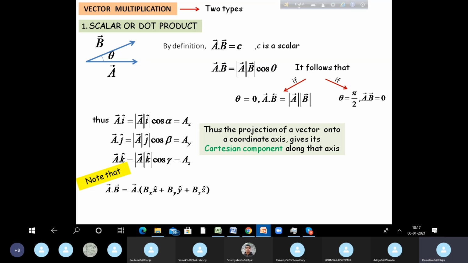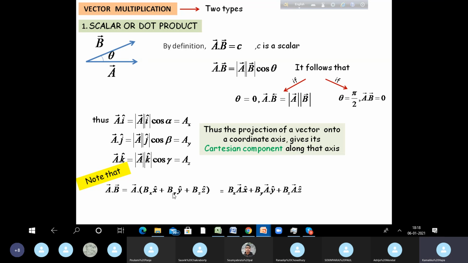Okay, now once we know this way of writing, suppose you are writing the dot product of two vectors A and B. Then what we do is we write the vector B in component form. I expand B in component form as bx x cap plus by y cap plus bz z cap.